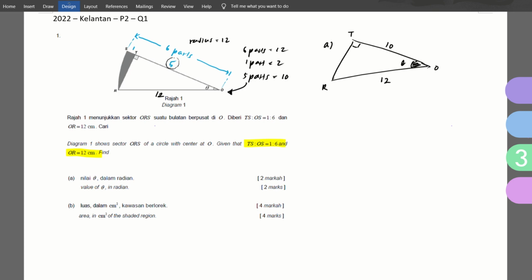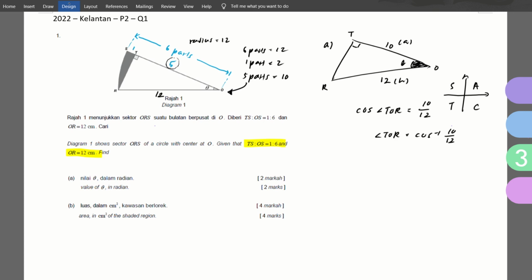And since we're going to find this angle, from this angle's perspective, 10 is our adjacent side and 12 is our hypotenuse. So here we're going to use cos to calculate the angle and use the ASTC method to help us find the answer. So remember that cos, tan and sine always have two answers.